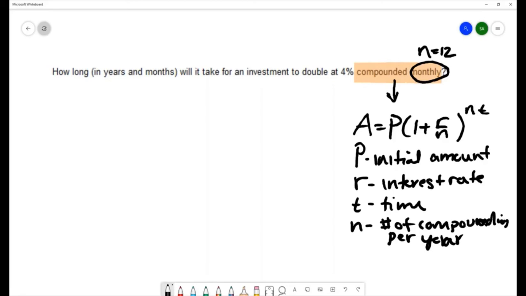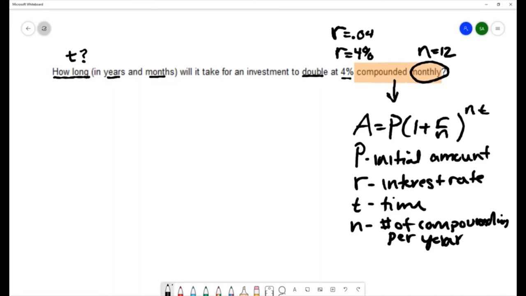Reading the rest of this question, it says how long. How long is indicating that time is our unknown quantity that we're trying to figure out. We're going to use units of years and months in that answer. And we want our investment to double at 4%. That is our interest rate, R, and we will write it in decimal form, which is 0.04.